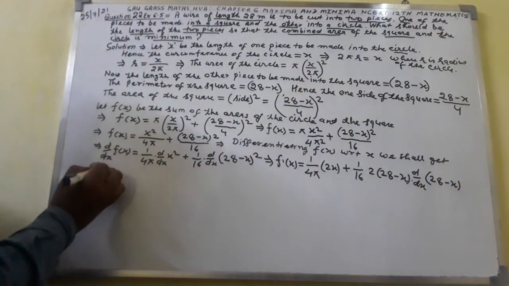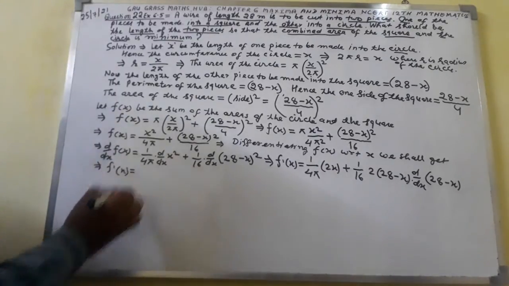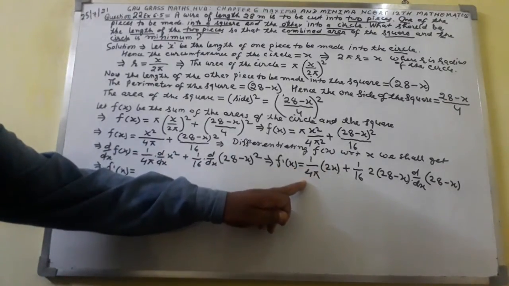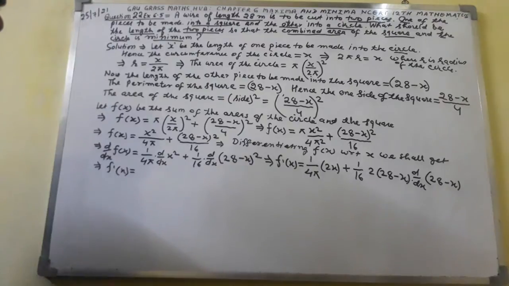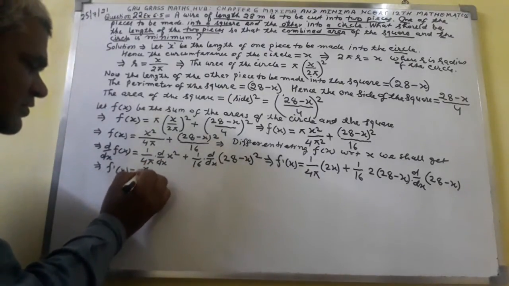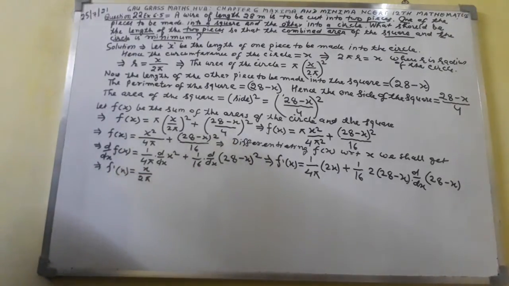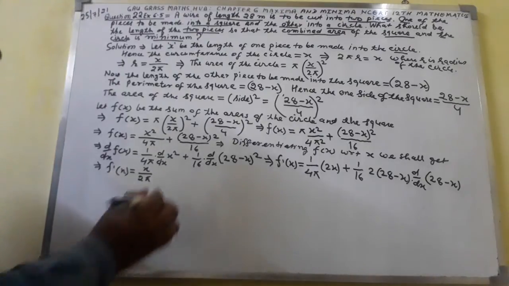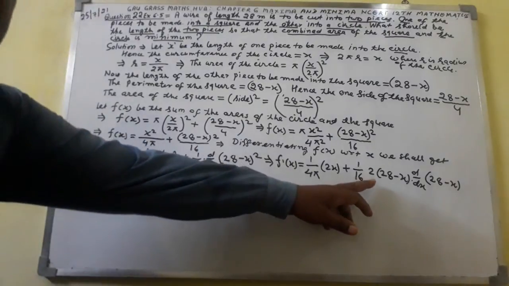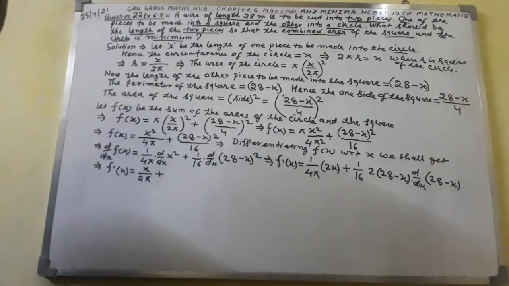Again I shall write, f dash of x equal to, here in the numerator 2 is available, in the denominator 4 is available. So 2 and 4 will be cancelled out. We will get x over 2 pi, plus, here 2 is in the numerator and 16 in the denominator, so 2 and 16 will be cancelled out.